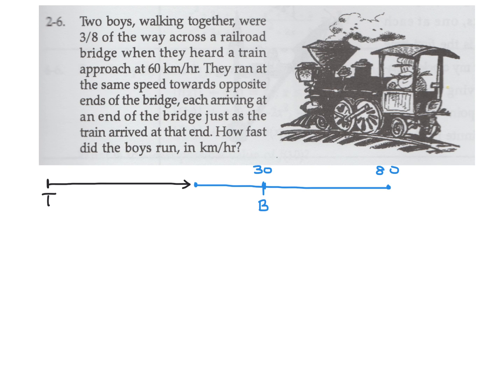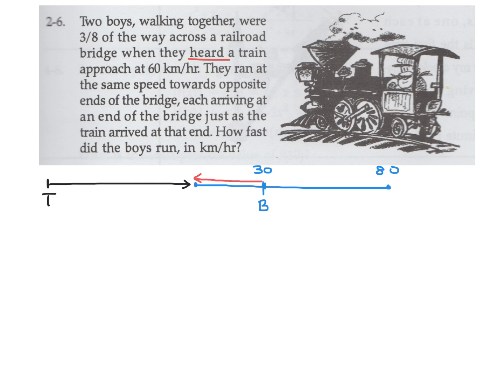So what exactly is the question describing? This is my interpretation, and I hope it's correct: when they hear this train, the first boy starts running in this direction. When he reaches the edge of the bridge, that's when the train also reaches the edge of the bridge, but the train's coming from the other end.